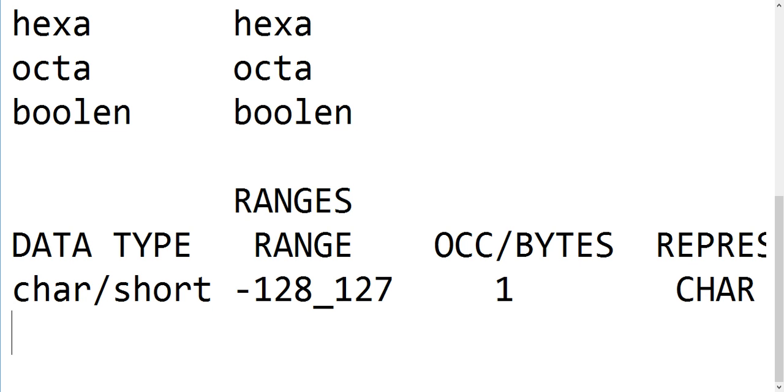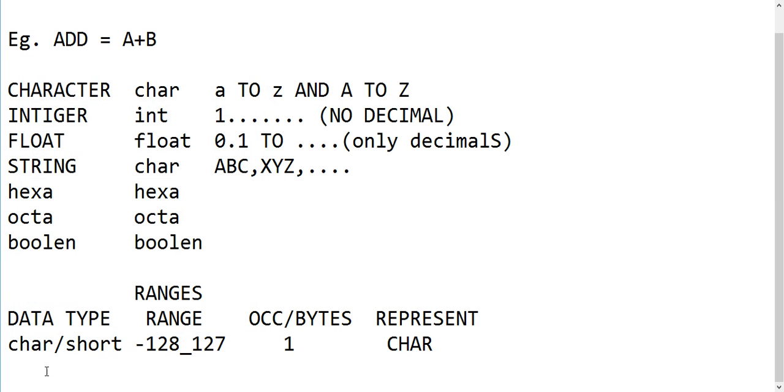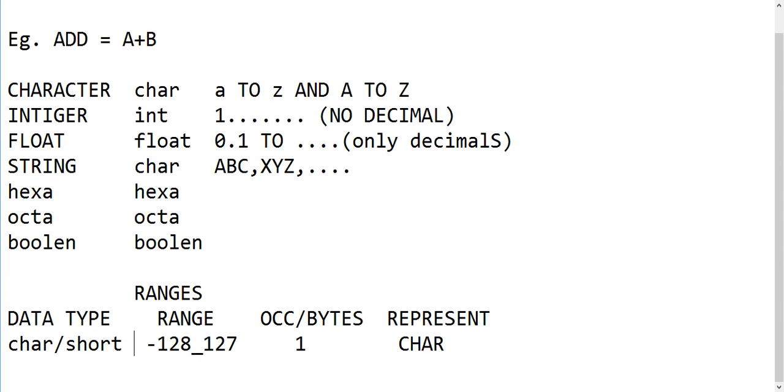The second is unsigned character. Let's go to the second data type, unsigned characters.